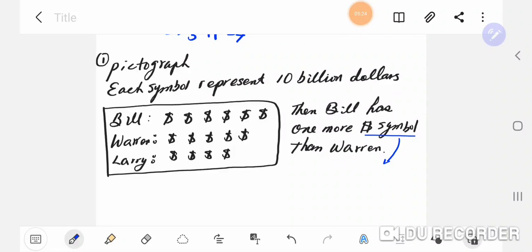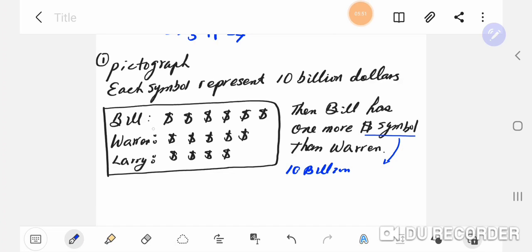So actually, how many more dollars does Bill have than Warren? Since one symbol represents $10 billion, Bill has $10 billion more than what Warren has.